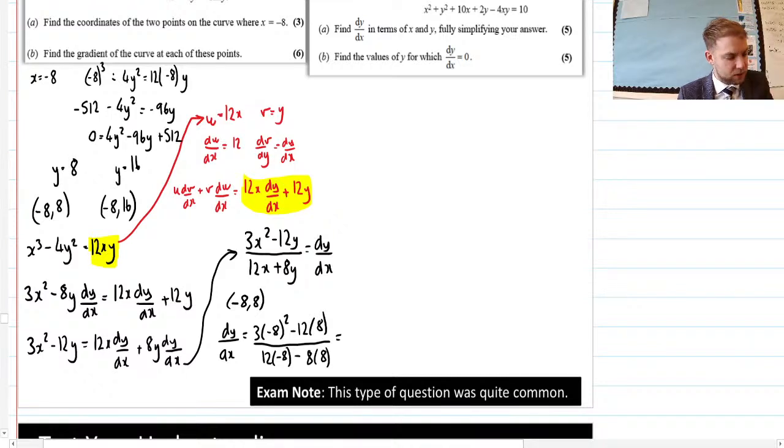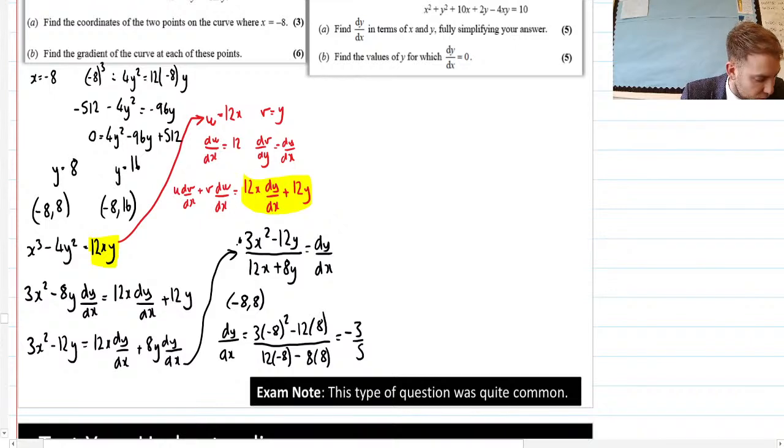Let's work out what that is first. Fraction button. 3 times negative 8, close the bracket, all squared, minus 12 times 8, close the bracket, all over 12 times negative 8, close bracket, minus 8 times 8. So the first one is equal to minus 3 over 5.